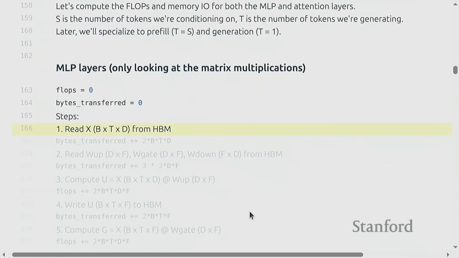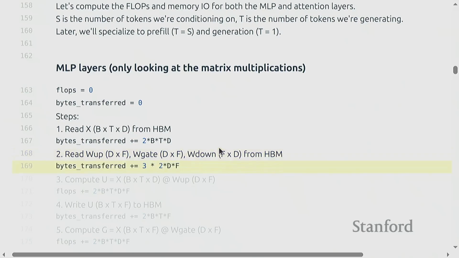That involves doing a bunch of transfers: basically the size of that matrix times 2 because of BF16. Then there are the 3 weight matrices, the up projection, the gate, and the down projection. They're all the same size up to transposition, so you need to transfer those.